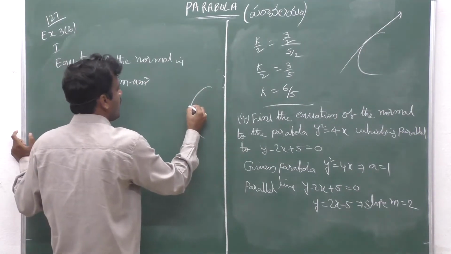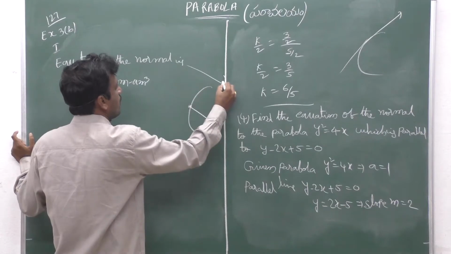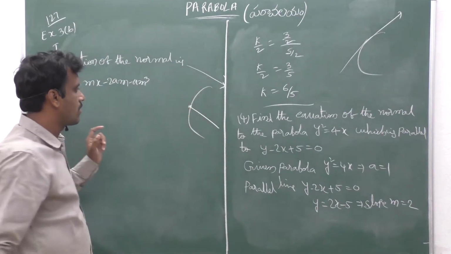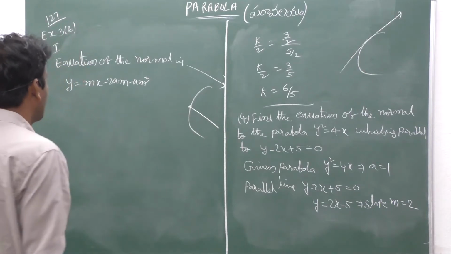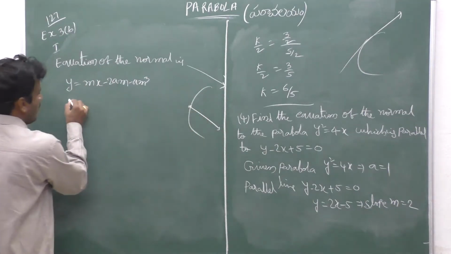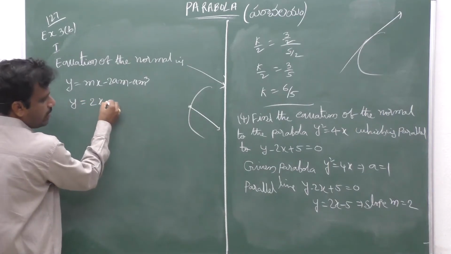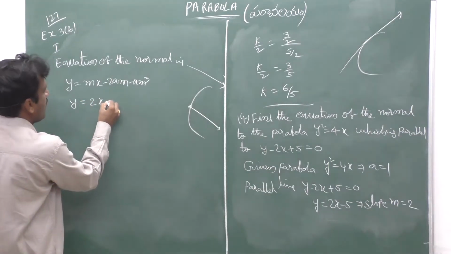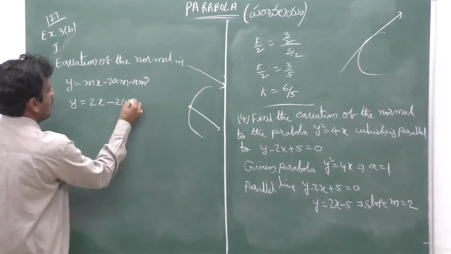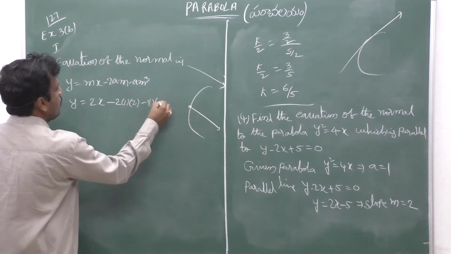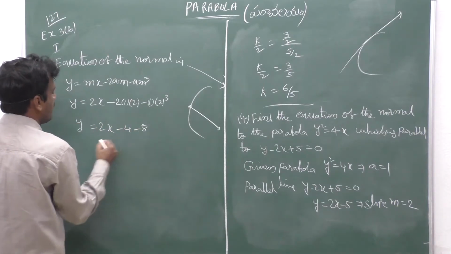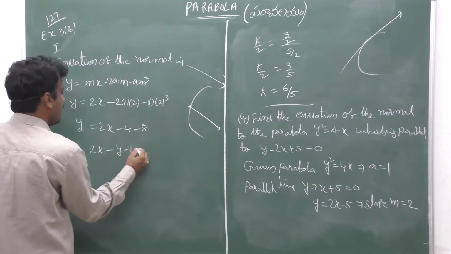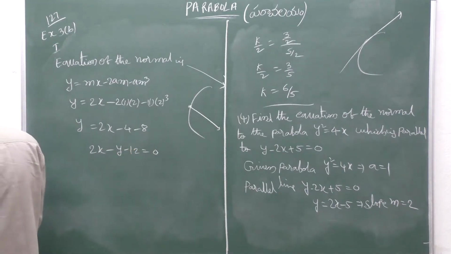Now the equation of the normal is parallel to the given line, therefore the equation of the normal is y equal to mx minus 2am minus am cube. Here m means 2, a means 1, so y equal to 2x minus 4 minus 8, that is 2x minus y minus 12 equal to 0.